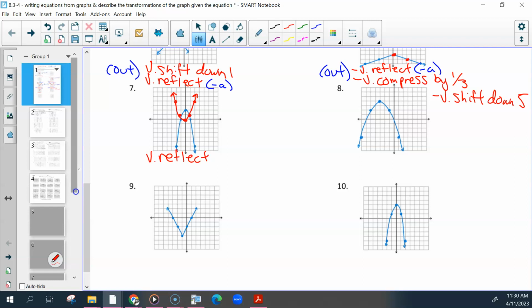What else happened? Pushing up 1, 2. Yeah. Because if it just flipped, it would be at the same place, but it didn't move up 2. Then there's one more. Look at the original, look at the one that's given. What's different about them, besides the 2 things we already have?